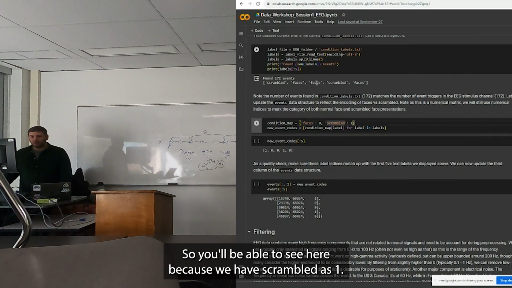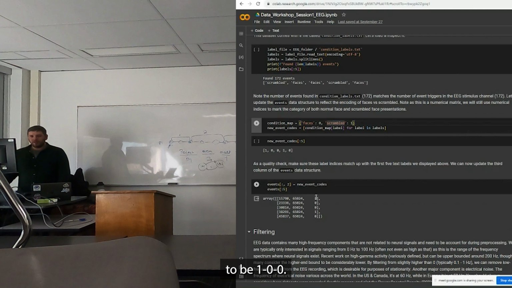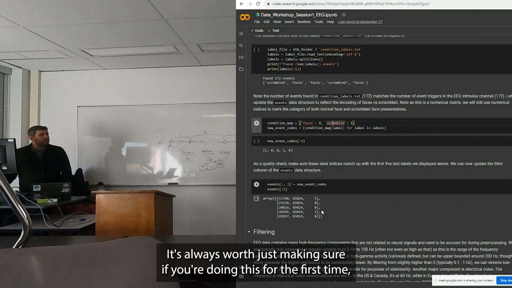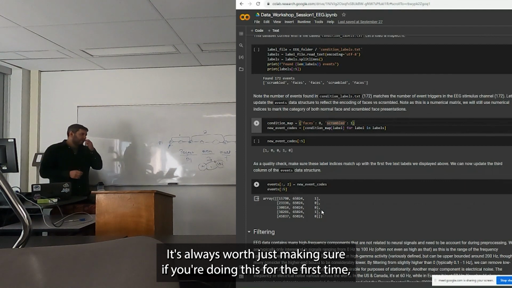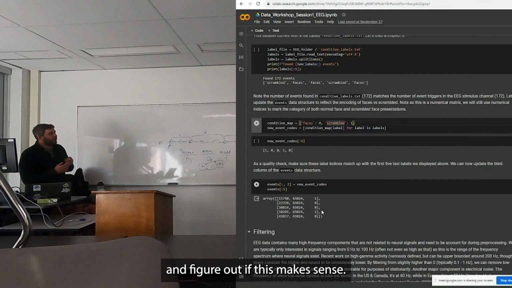Because we have scrambled as 1, and we know the first three are scrambled, faces, we should expect 1, 0, 0, and that is fine here, 1, 0, 0. It's always worth making sure, if you're doing this for the first time, that you can go back as many times as you like and figure out, does this make sense?